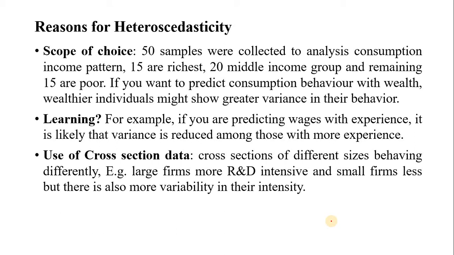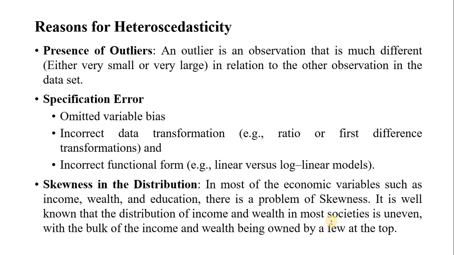Especially the large firms will spend more on R&D, but small firms will not spend that much on research and development. That means each different firm will behave differently. So if you are taking cross-section data, the different individuals included in our observation will behave differently. That's why in cross-section data we can expect a heteroscedasticity problem 99%.